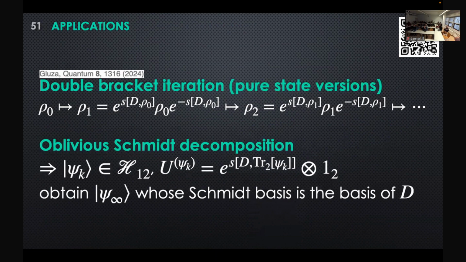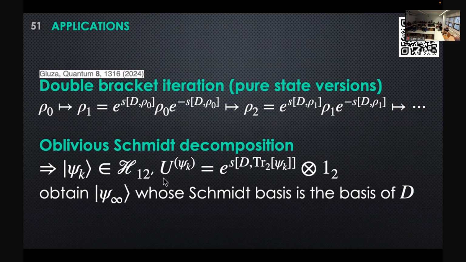There is another cute algorithm that we propose in this QDP paper, which we call oblivious Schmidt decomposition. So if you have some pure entangled state, this will have some Schmidt decomposition into some Schmidt basis. And basically we want to transform this Schmidt basis into the computational basis.